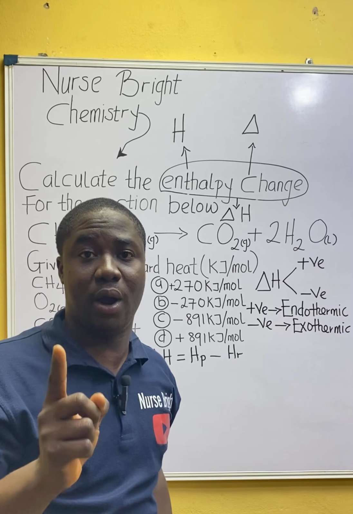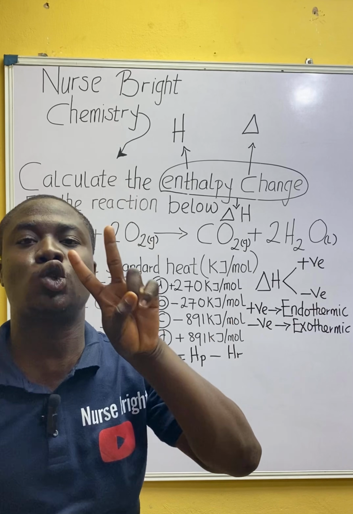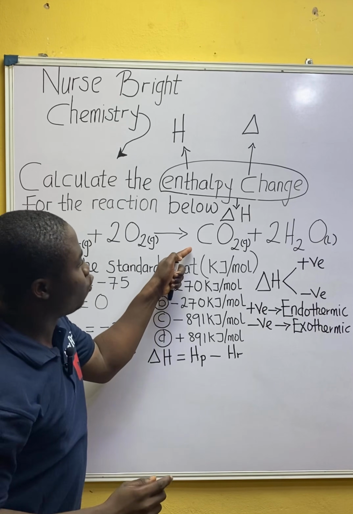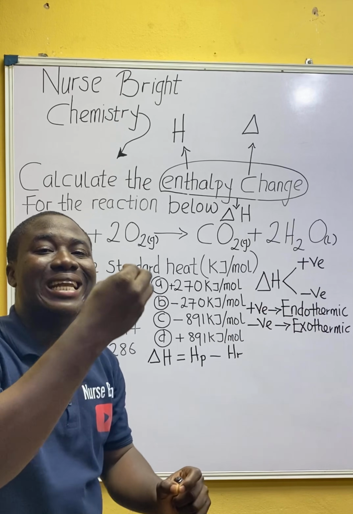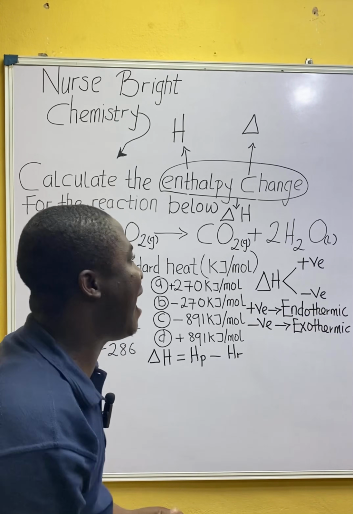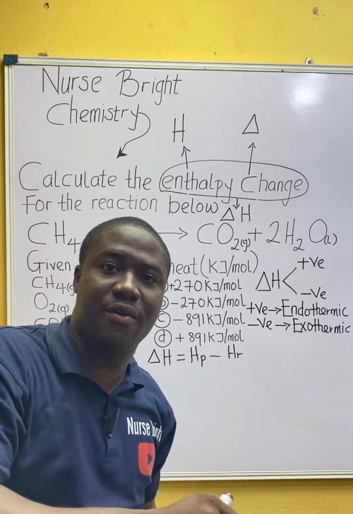Now listen very well. I believe you are aware that in a chemical reaction, we have two sides. We have the right-hand side of a reaction, which is this side, and that right-hand side of a reaction is simply called the product side, whereas the left-hand side of the reaction is called what? The reactant side of that reaction.